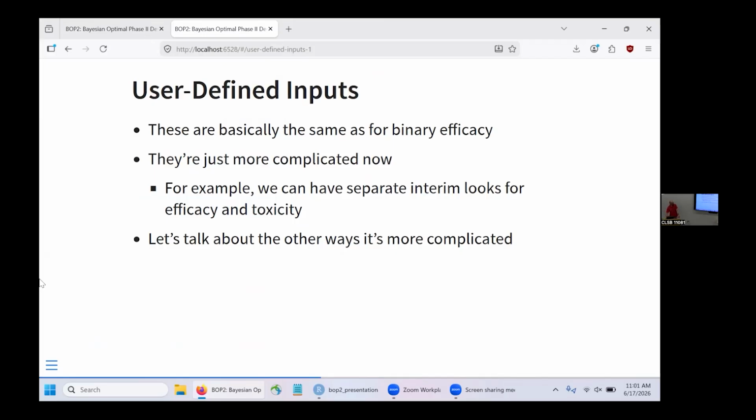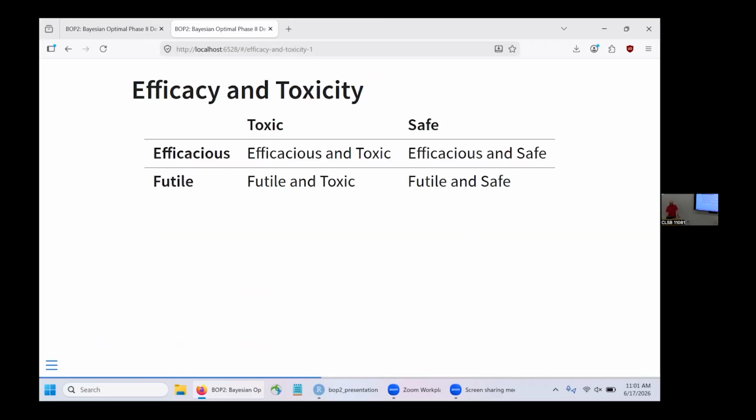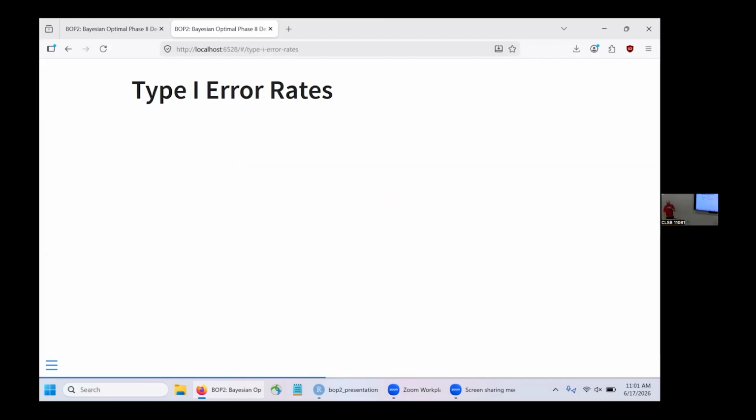But there's another way that it's more complicated, so let's talk about it. With efficacy and toxicity, we have these 4 possible pairings: efficacious and toxic, efficacious and safe, futile and toxic, futile and safe. So this is going to mess with our type 1 error rates. Let's talk about why. We're going to stop the trial if the drug is either futile or toxic.